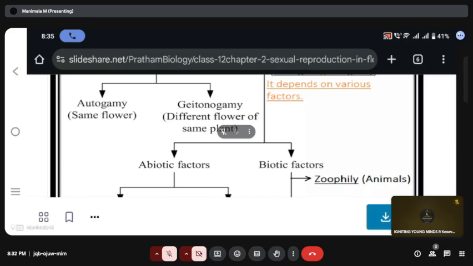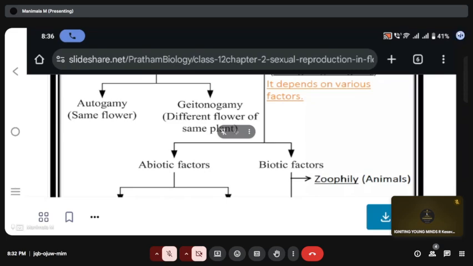So what are the advantages of self pollination? Ma'am, there will be no new disease. Parental character will be maintained, no genetic modification.